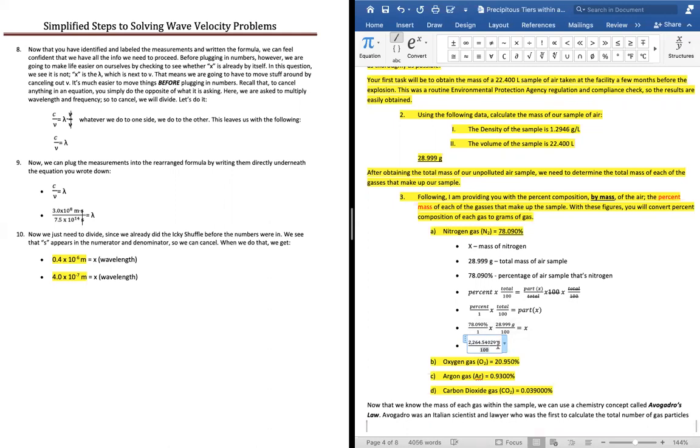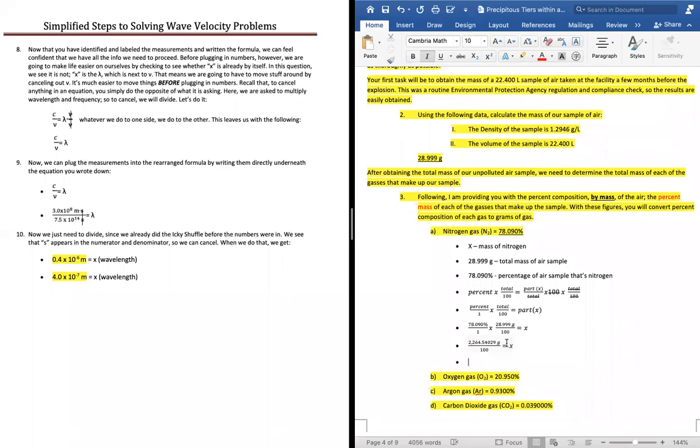And then this is going to be equal to X. Okay. So now what I'm doing is I just divide these. So just go in and I divide that by 100. So my answer that the calculator then gives me is 22.64544029. And then my unit of measurement that's left is grams. And that'll be equal to X.